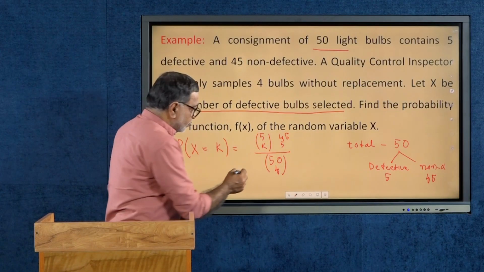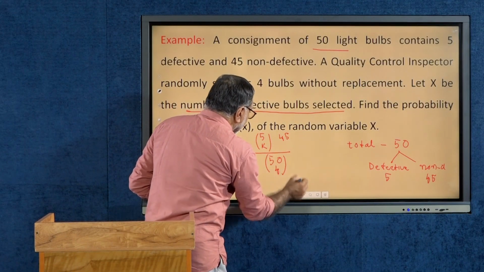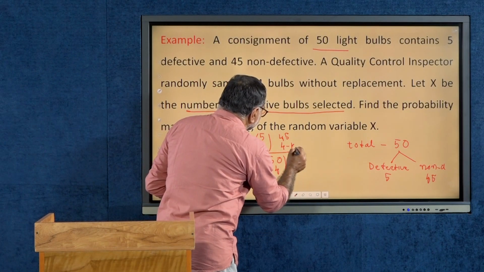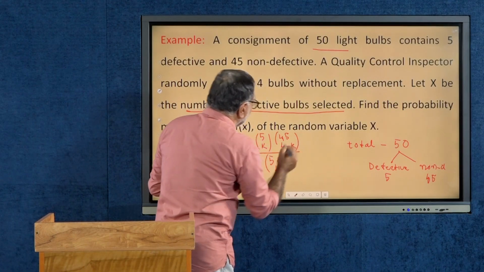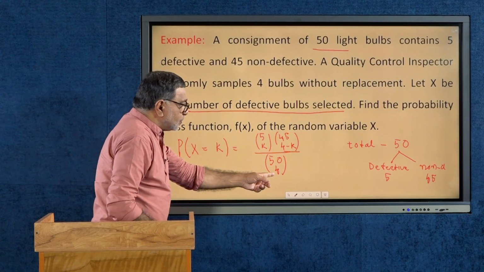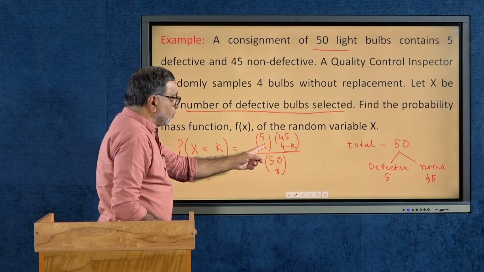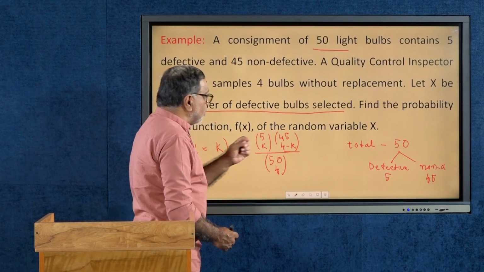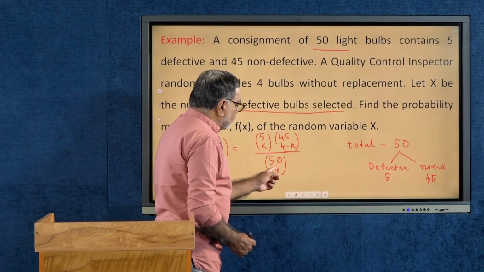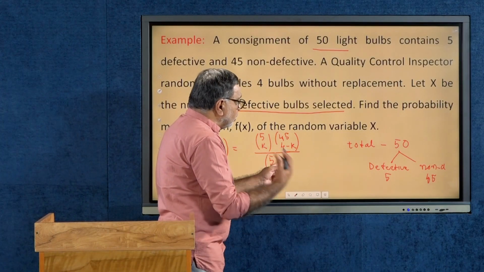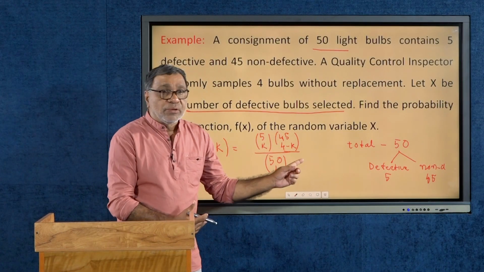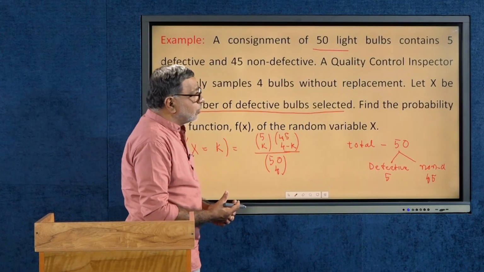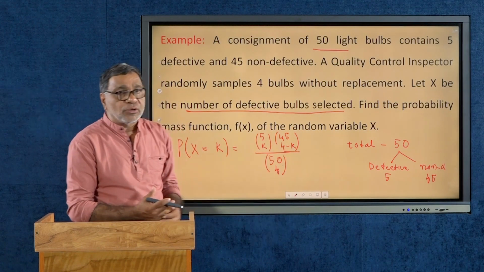We are selecting 4 bulbs, so 4 minus k. So k of the 4 bulbs are defective, obtained from the 5 defective bulbs in 5 C k ways, and 4 minus k will be non-defective, obtained from the 45 non-defective bulbs, so 45 C 4 minus k.